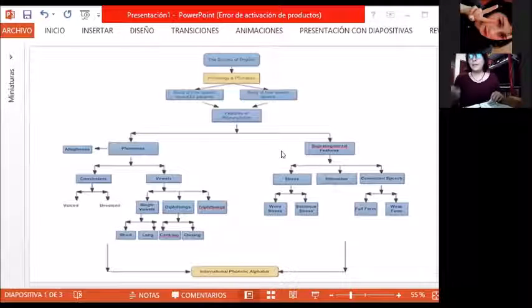And then we have intonation. Intonation gives meaning to what we're saying. For example, if we say something with a high intonation or with a low intonation, they mean different things, even though we're saying the same thing.